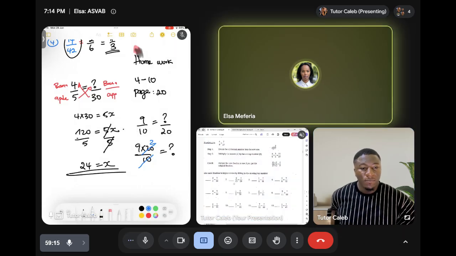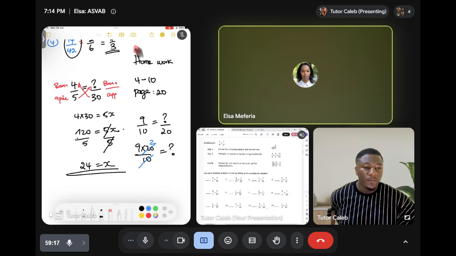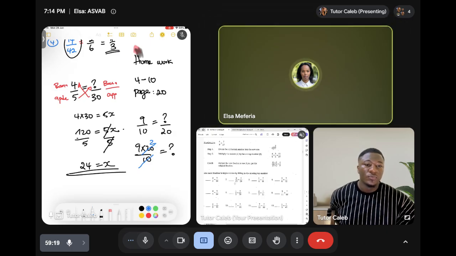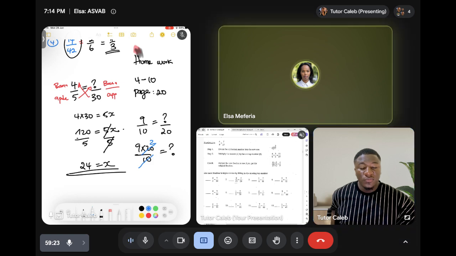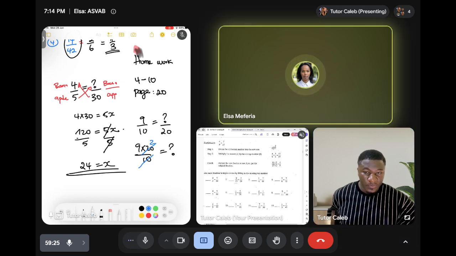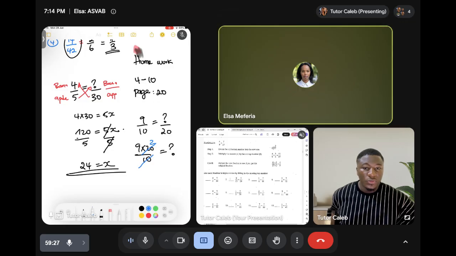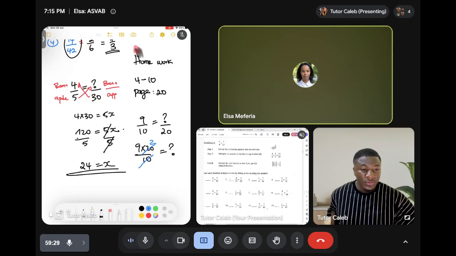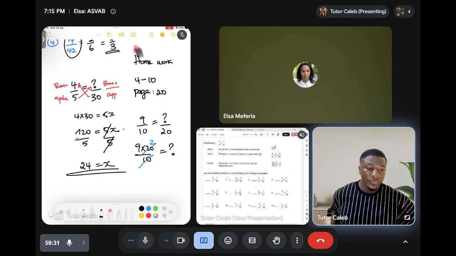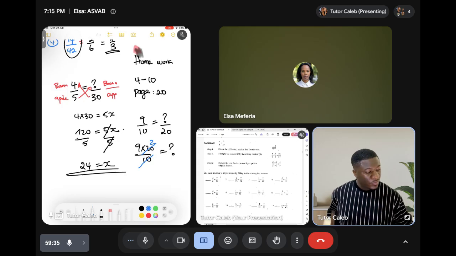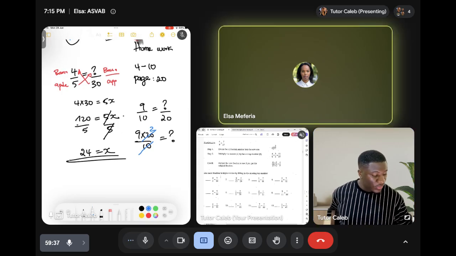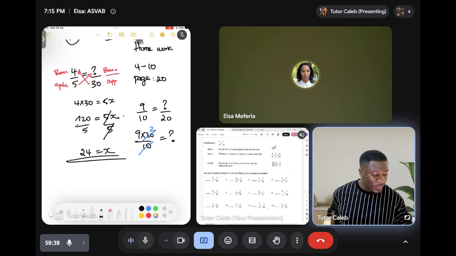And then we're gonna divide by 10. You cross the 0 out, 180 divided by 10. So, 18 divided by 10.